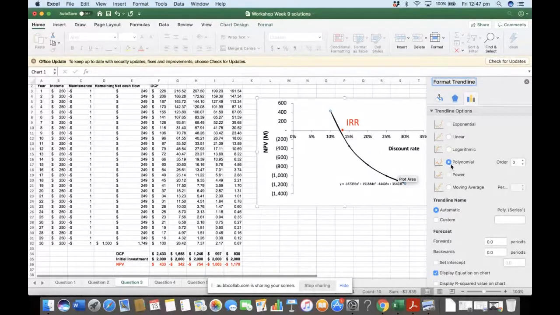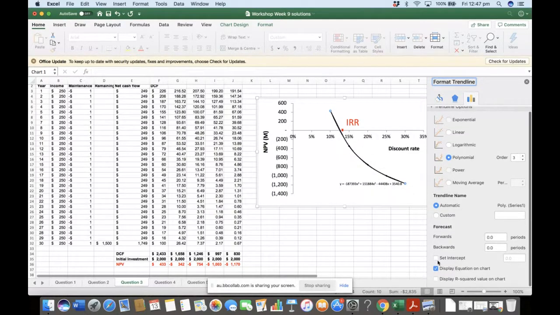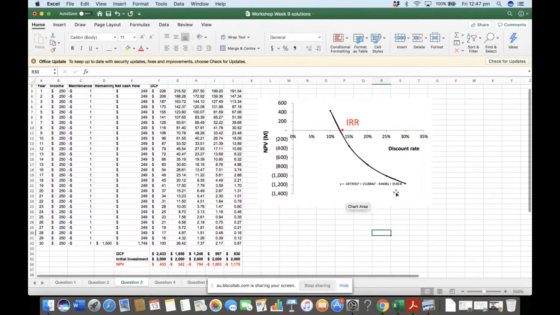And then I went to polynomial, and you can see that it's pretty much fitting the curve. And then we want to find the equation for this polynomial curve. So for this, just select display equation on chart, and you can also select the order of the equation. I have selected 3 to keep it a bit simple, and then just by doing this you get the equation.